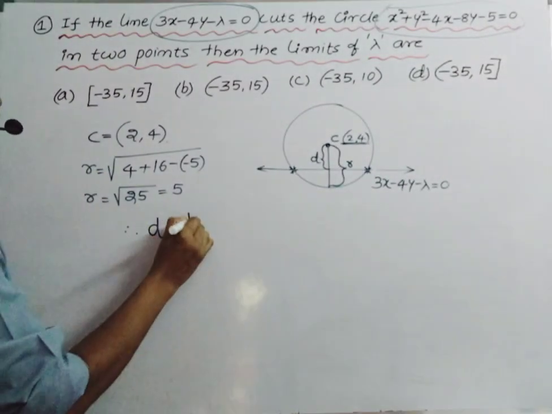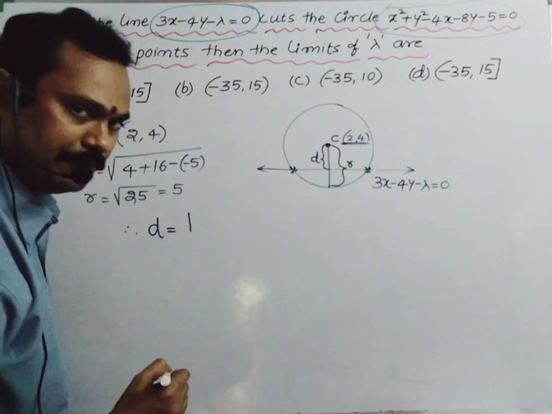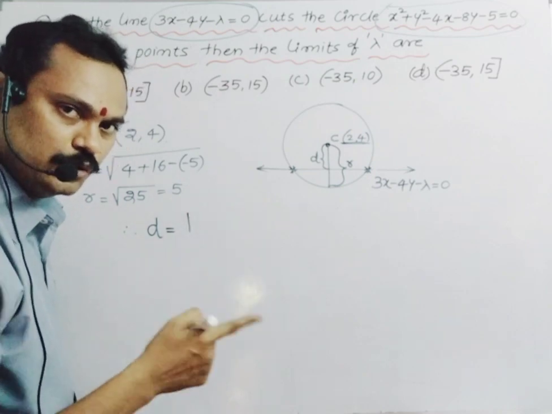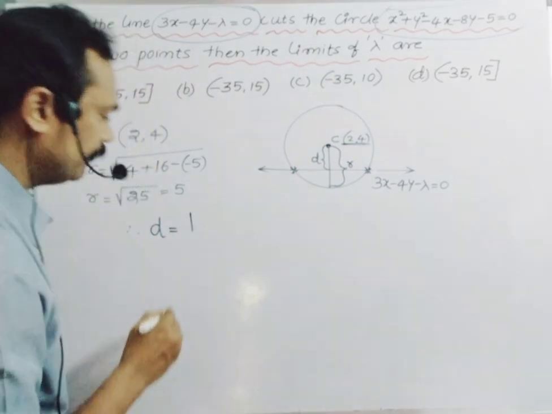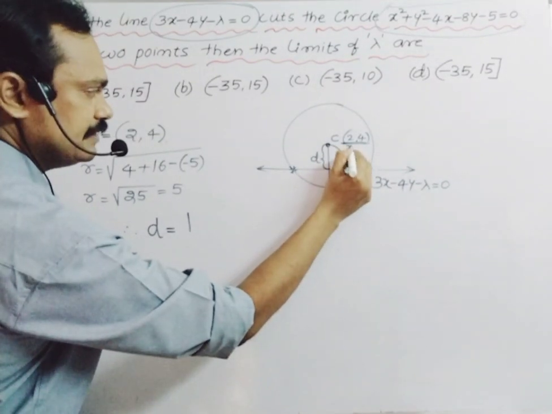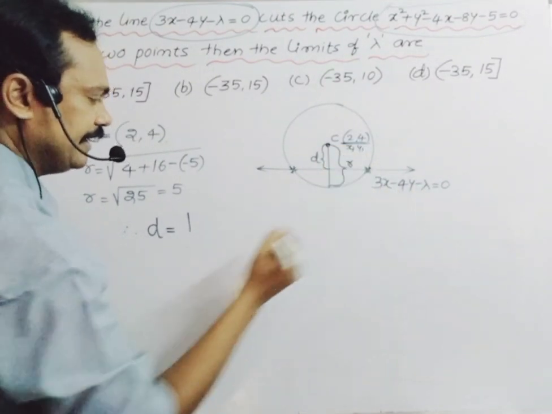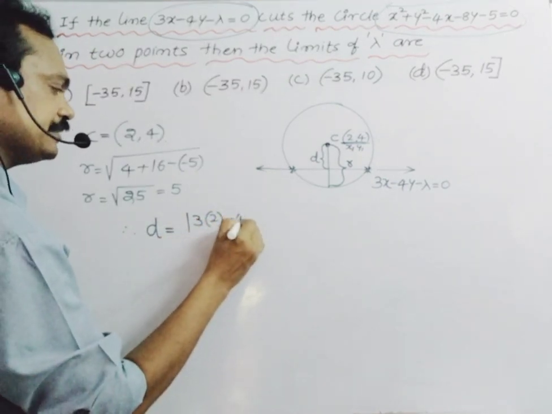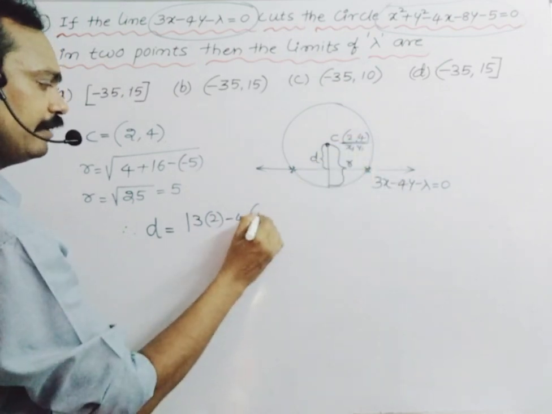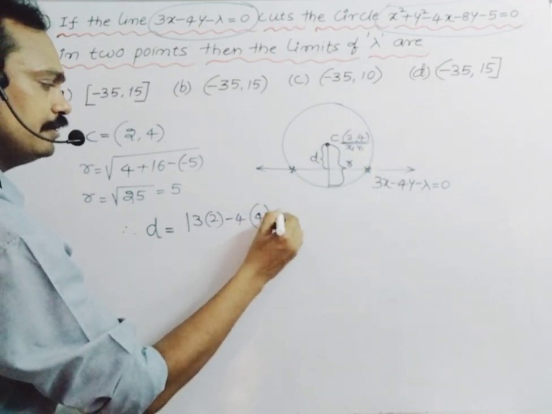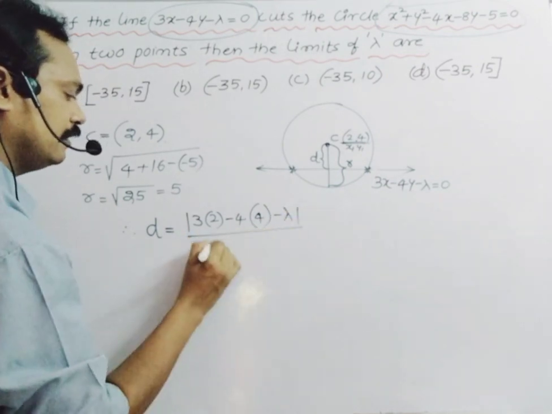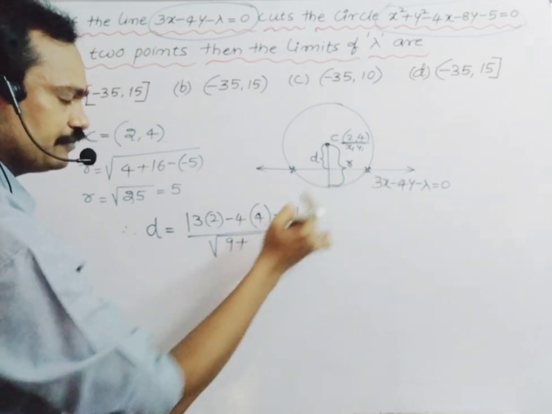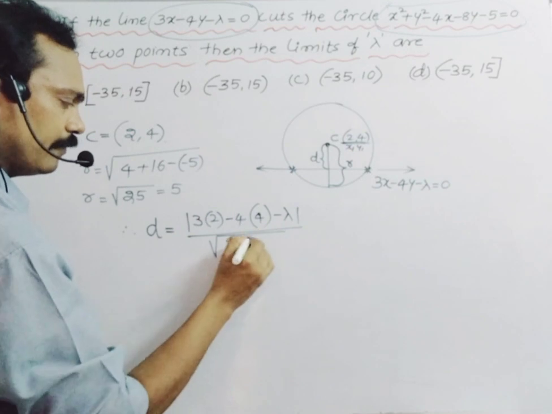What is the formula? Do you remember? Modulus of ax1 plus by1 plus c, divided by root over a square plus b square. Just replace x1, y1 in this line expression. 3 into 2, minus 4 as it is, y replaced by y1, and minus lambda as usual, over root of x coefficient square 3 square 9 plus y coefficient square minus 4 square 16.